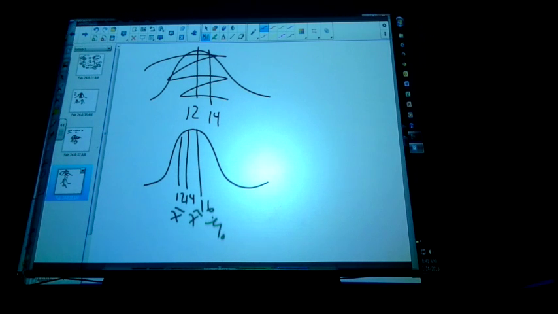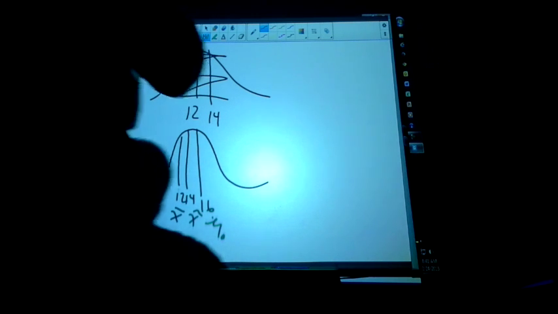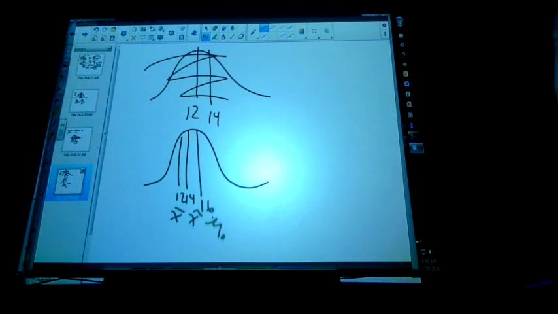On the back side, identify each level of measure. What's that? Yeah, nominal, ordinal. I gotta look at the quiz because that's what it was on.